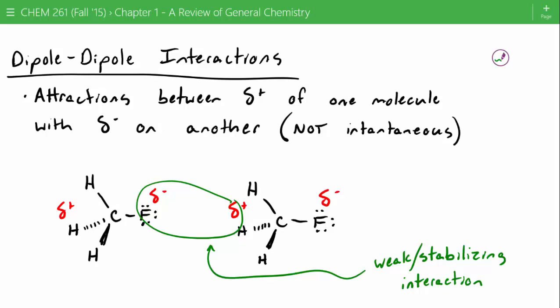Whereas with this molecule, the fluorine is always going to be the site with the delta negative. On a helium atom, we don't know which site would have the delta negative. It can be anywhere, right? So the big difference is a dipole-dipole interaction is between set dipoles that are static and unchanging. Dispersion interaction is between a fleeting dipole or an instantaneous dipole.